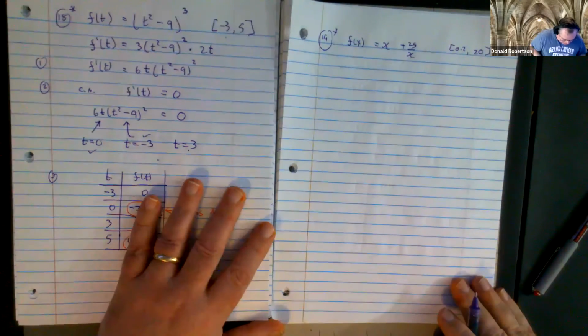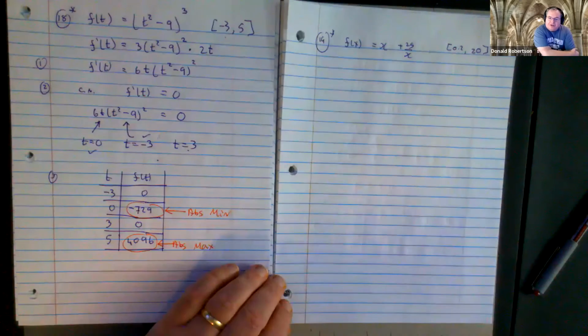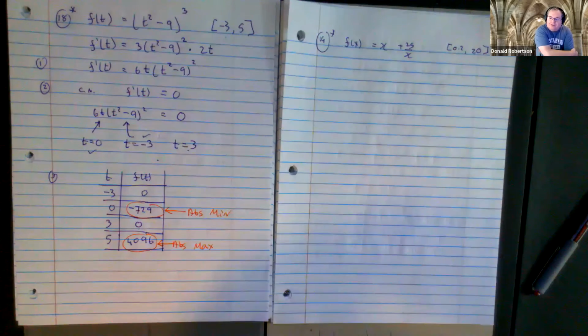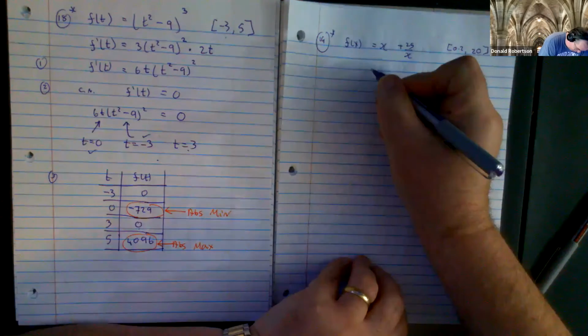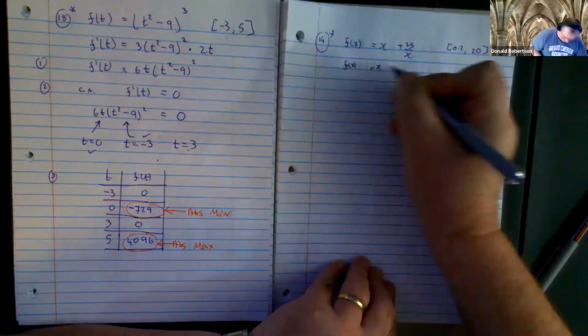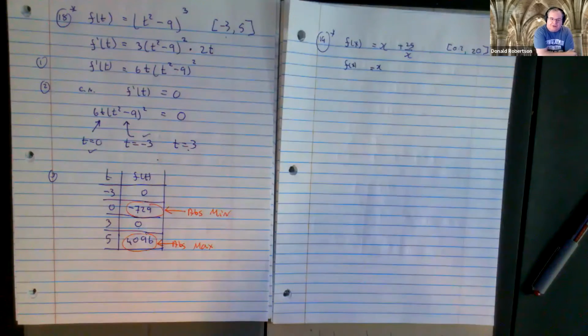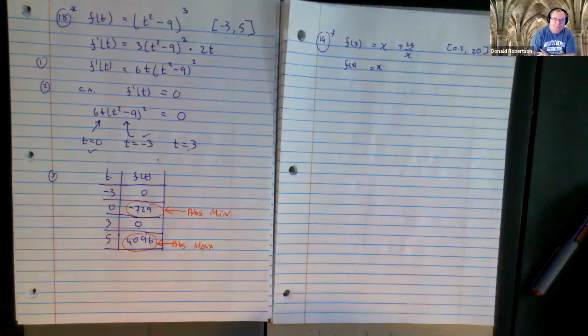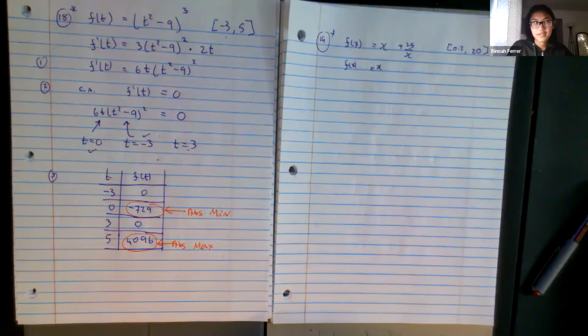Interesting. Okay, I need to differentiate this fraction function. Right, it's a rational function. Any suggestions for how to rewrite this fraction to make it easier to differentiate? 25x to the negative first.